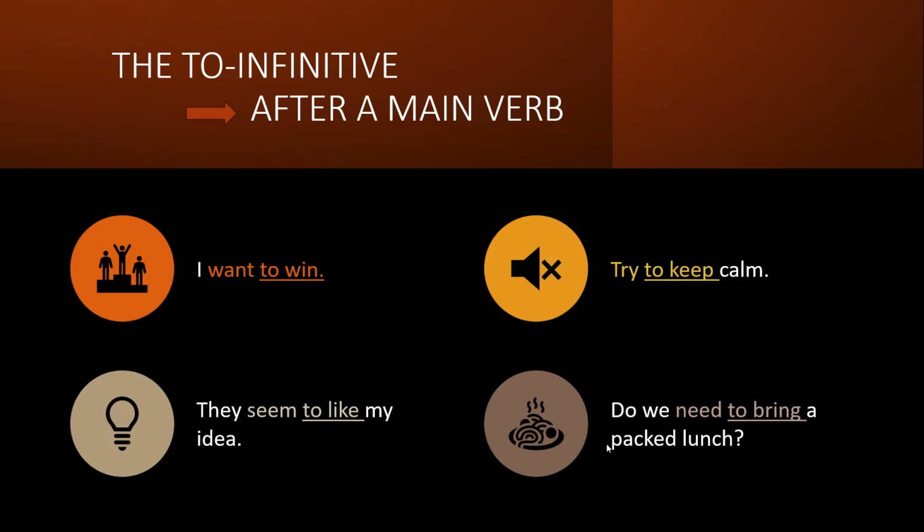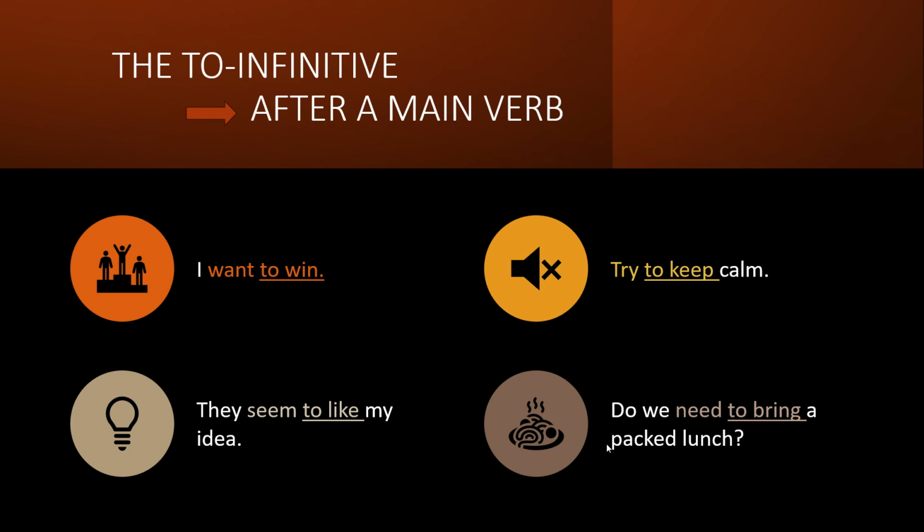For example, I want to swim. Want is the main verb of this sentence. It is the first verb. To swim is the second verb. So it is put in the to infinitive.